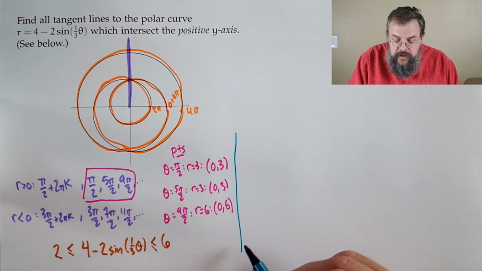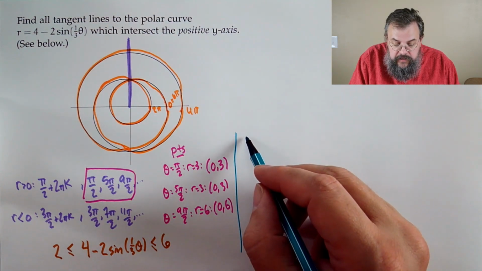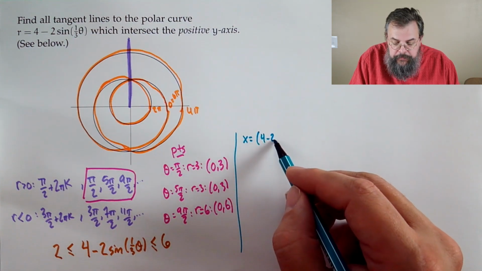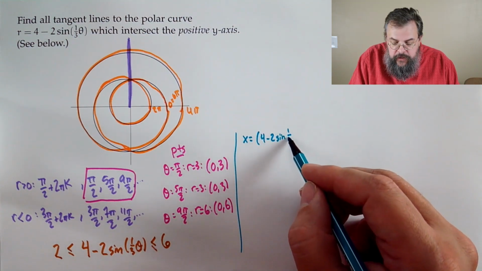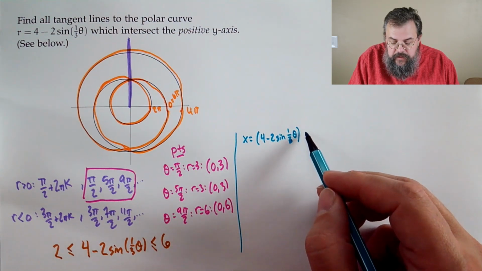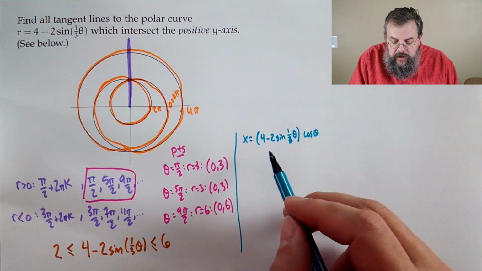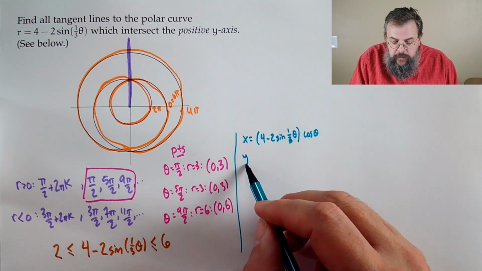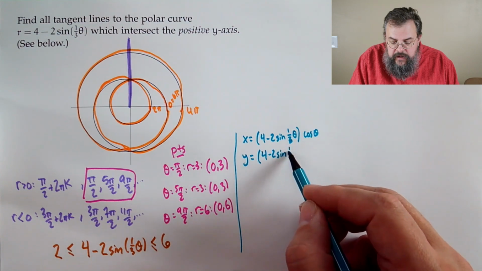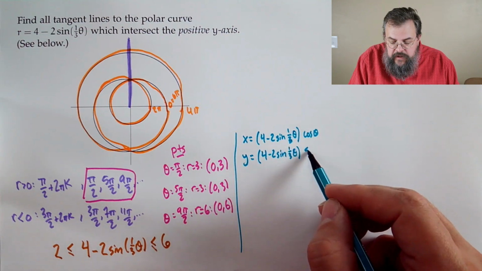So we're going to say x equals our r, so 4 minus 2 sine (1/3 theta) times cosine theta, r cosine theta. y is r times sine of theta.